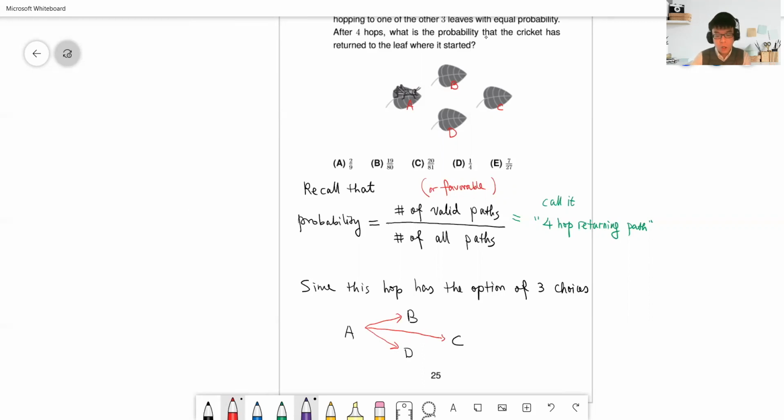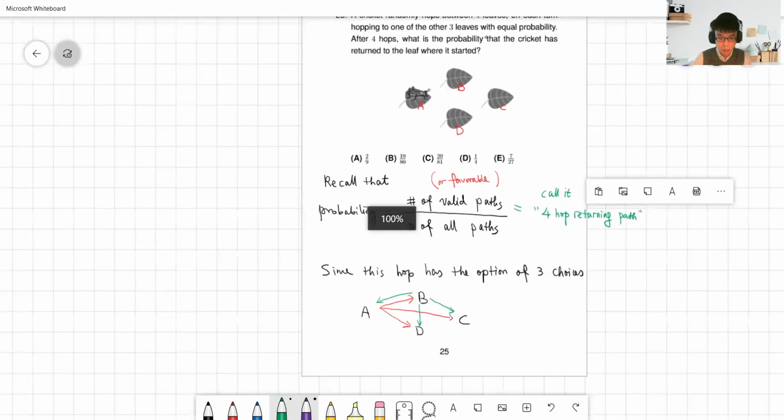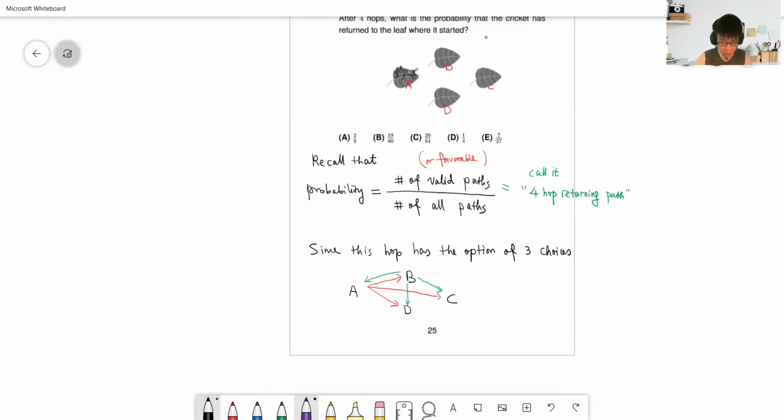If after the first hop, the cricket stays at B, now for the second hop, the cricket still has 3 options. It can hop from B to C, to D, or to A. And this is true for later hops. So based on this observation, we can calculate the number of all paths.